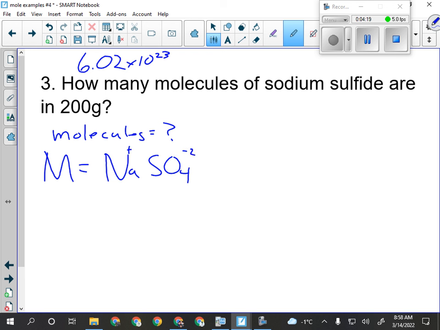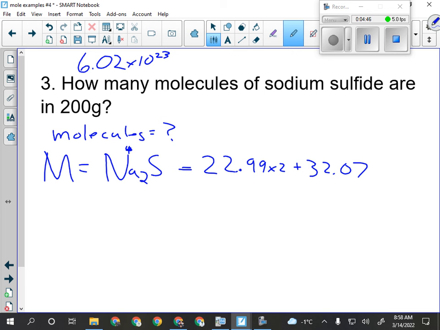Sodium is a metal with a +1 charge. So we're going to need a 2 there to make it work. Oh, it's sulfide, sorry. Now it looks better. Good catch. Okay, so we got sodium sulfide. That's going to be 22.99 times 2 plus 32.07. Yeah, okay.